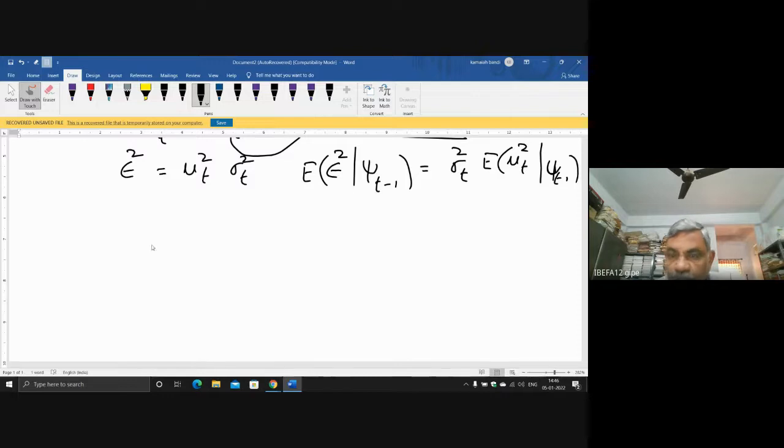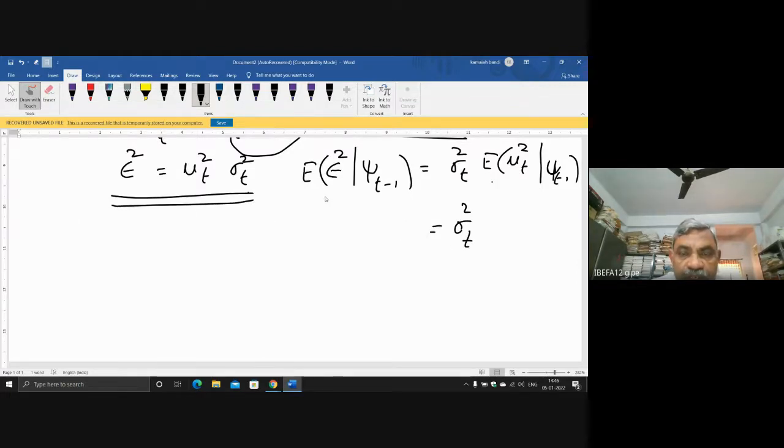So therefore, expectation of epsilon square is sigma square times 1, which is sigma square t. This is what we have. So this is assumed to facilitate this.